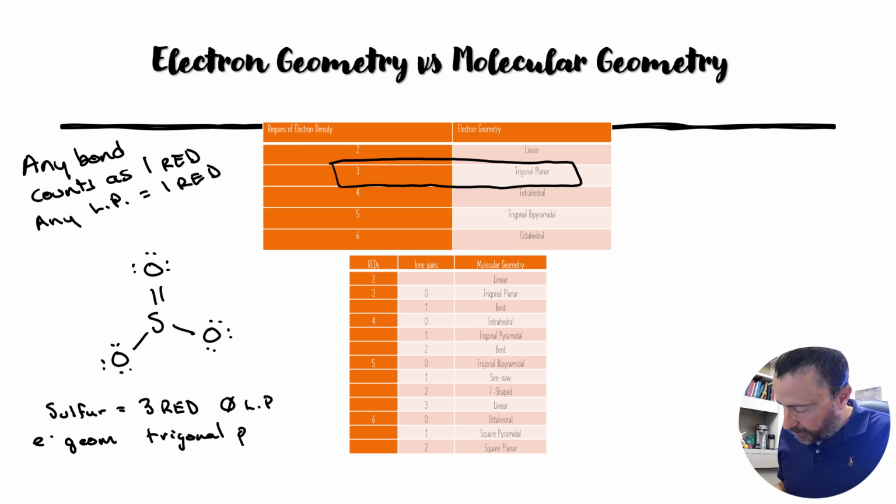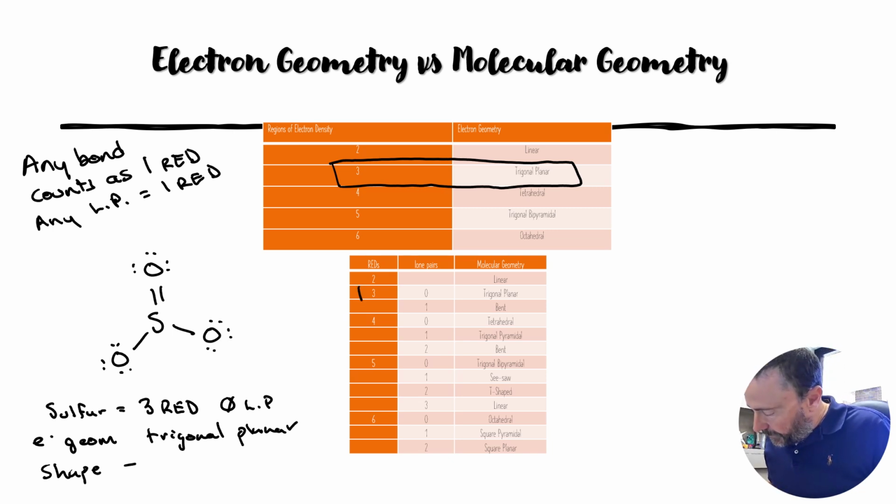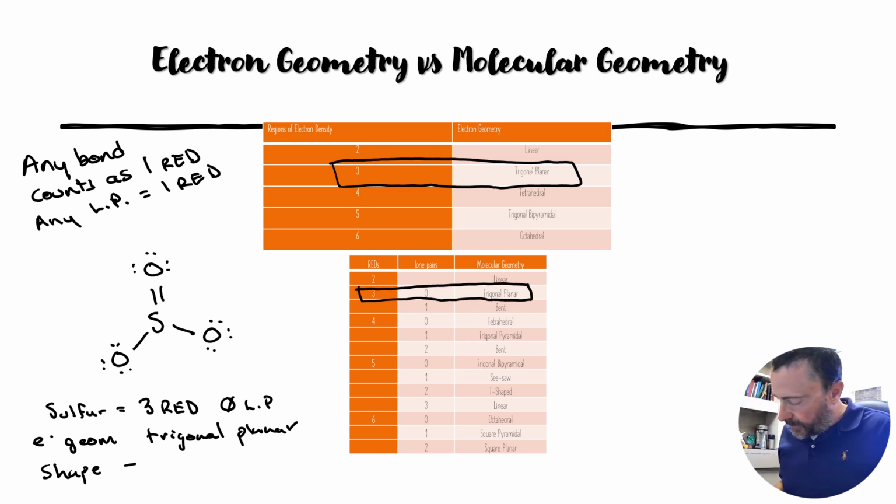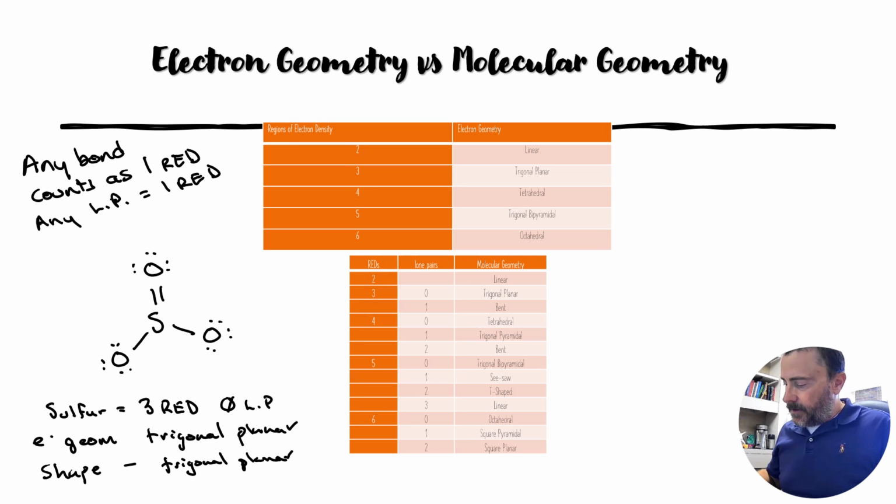It's trigonal planar. The shape, which is sometimes called the molecular geometry, there are 3 regions of electron density and no lone pairs. It's also trigonal planar.